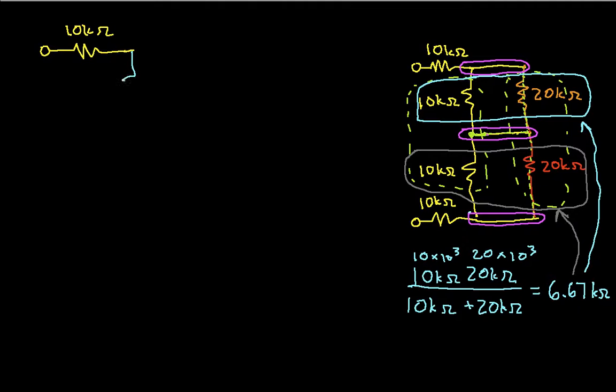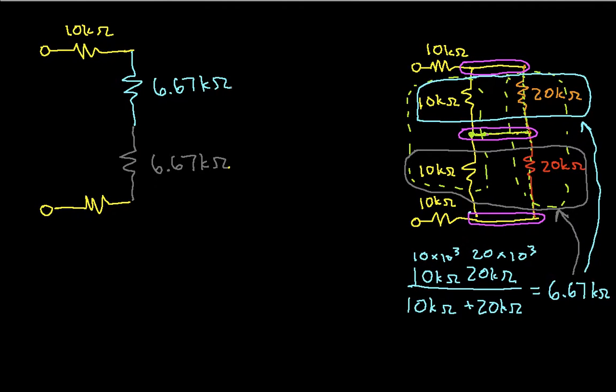I have now 6.67k ohms. I have another 6.67k ohms. And finally, 10k ohms from my original resistor there.